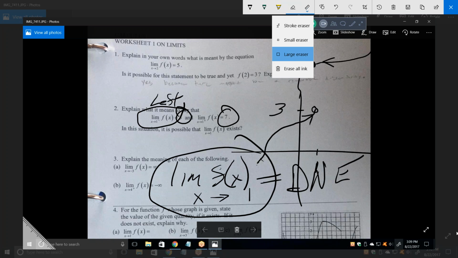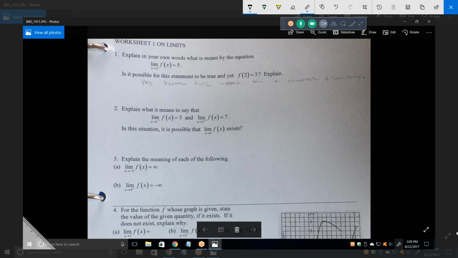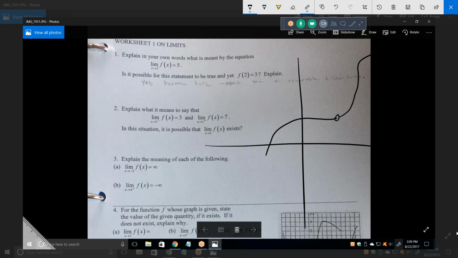And let me give you an example. Let's say that I had a function like this. But at 1, the value would be 10, or we'll call it 15.